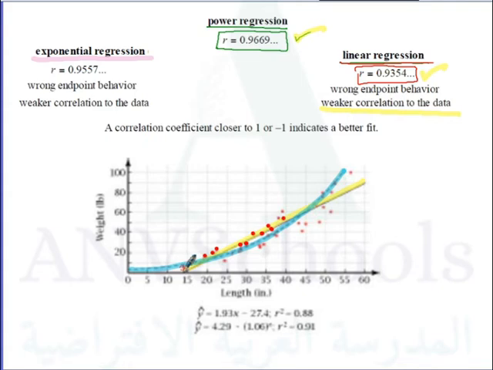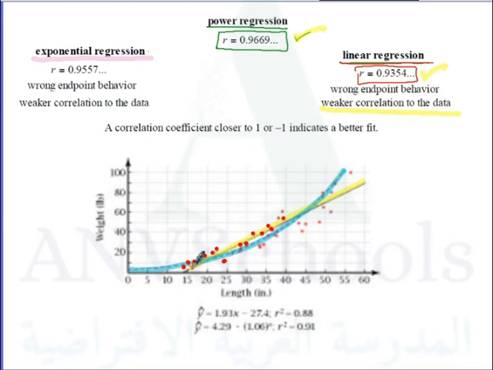The exponential curve shouldn't touch the x-axis, but look at these points here. They are near the x-axis, which means that at some point, if we have other data points, they might touch the x-axis.